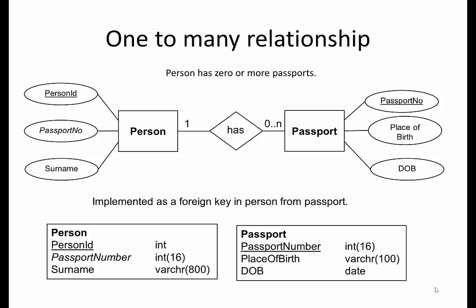There's our passport number in our person. I've had a rotten cold for the last week, so my brain is still a bit fried. So for each person, they have one passport. That's incorrect, isn't it? Place of birth, passport number, that's their official passport. So they have their official passport. That doesn't look right. I'm going to have to think about that.